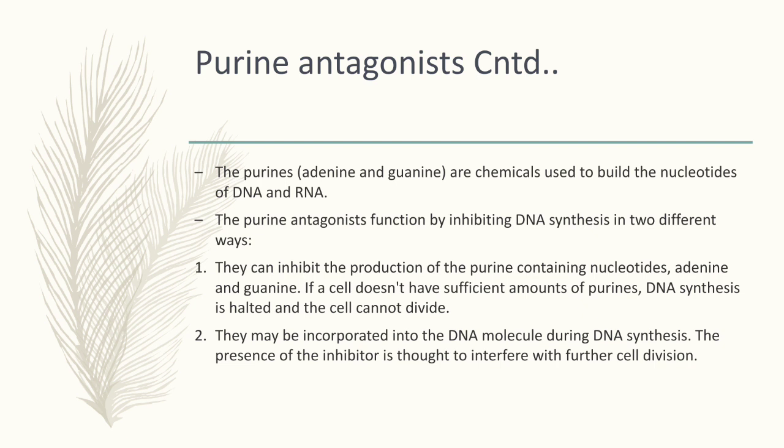If a cell does not have a sufficient amount of purines, DNA synthesis is halted and the cell cannot divide. The next way is they may be incorporated into the DNA molecule during DNA synthesis. The presence of these inhibitors is thought to interfere with further cell division.